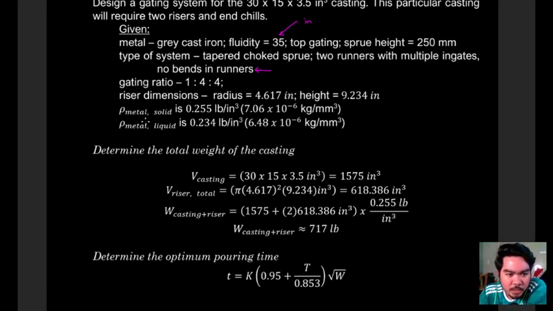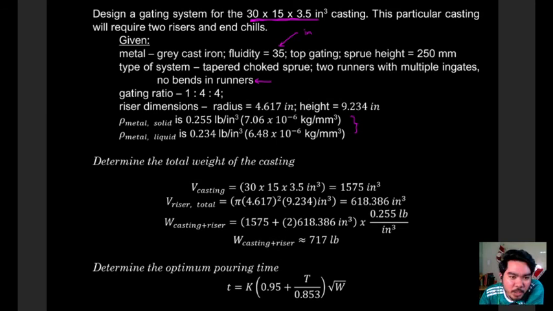The metal has two values. In this method, we have a solid density, and we also have a liquid density. Okay, so first we need to determine the weight of the casting, and the weight of the casting is just equal to the volume of the casting. The assumption here is that this volume is the final volume of our casting, taking into account the pattern maker's allowance in generating the mold cavity.